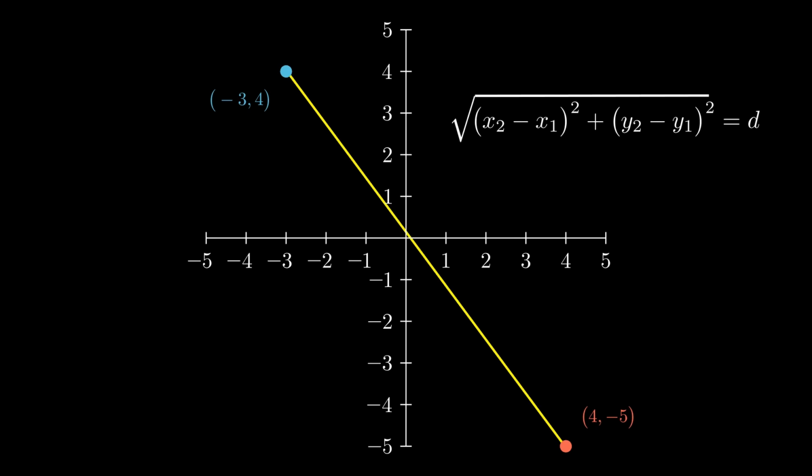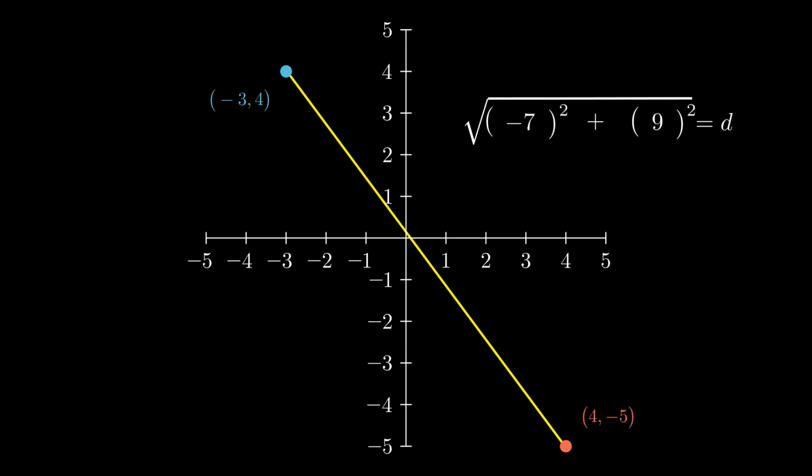Where the blue point coordinates are represented by x2 and y2, or -3 and +4, respectively. And the red point coordinates are represented by x1 and y1, or +4 and -5, respectively. By plugging the coordinates into our 2D distance equation, we can find the distance between the blue point to the red point, which is approximately 11.40 units.